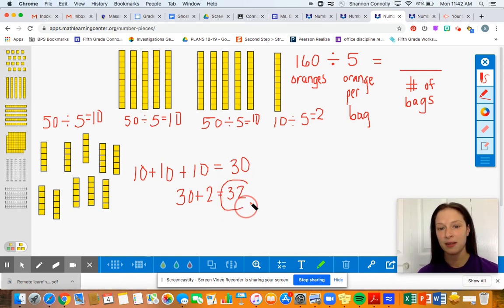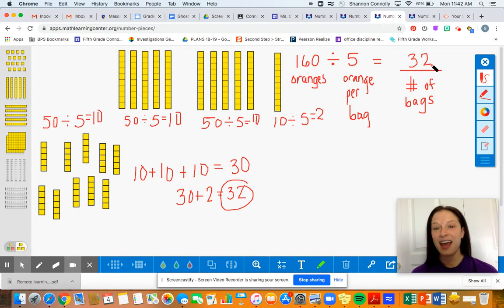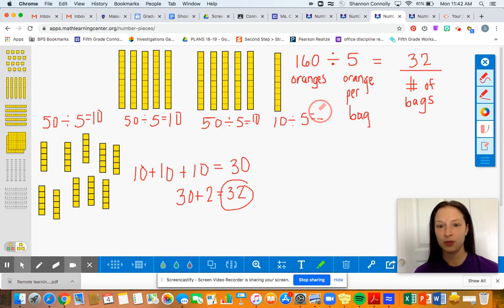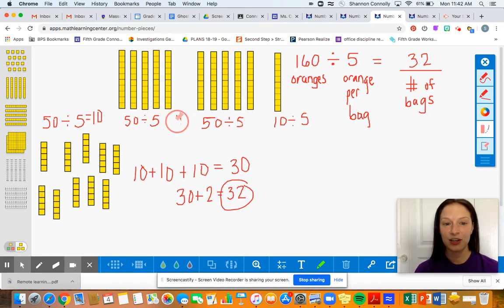So how many bags of 5 could I make if I had 160 oranges? What I thought about this time was the dividend, 160, and if I split that into groups of the divisor, I know that I could do 50 divided by 5, and I know that I could do 50 divided by 5 again, and 50 divided by 5 again.